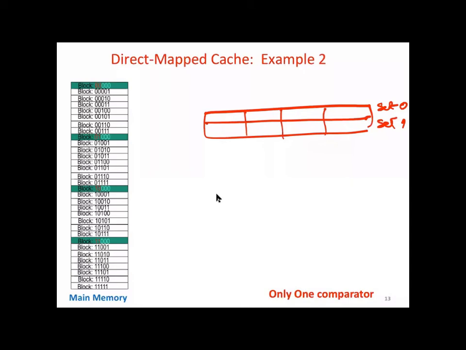There is only one index bit that we'll use here, and the offset bits remain the same. So this is the block address, 00000, and then we have 3 offset bits, which we'll just ignore at this point in time. Now what are we doing in this case? We have only one index bit, so this is the only index bit, and then these are the 4 other tag bits.